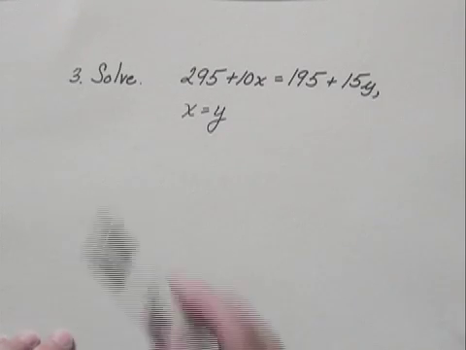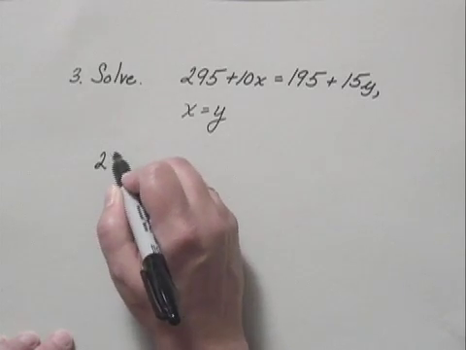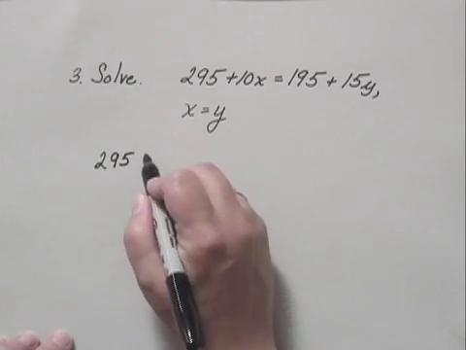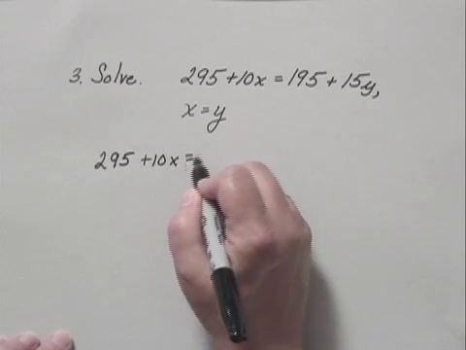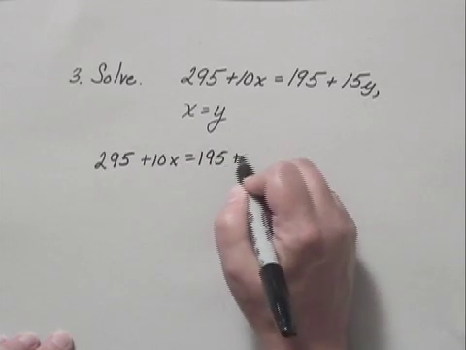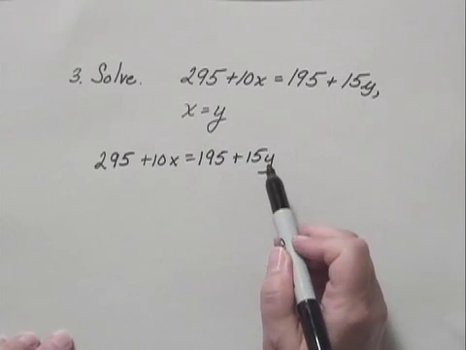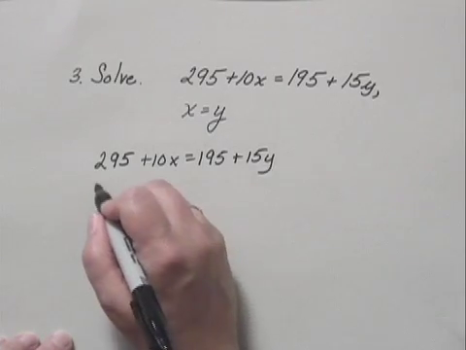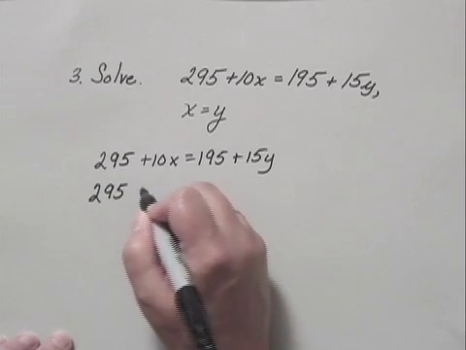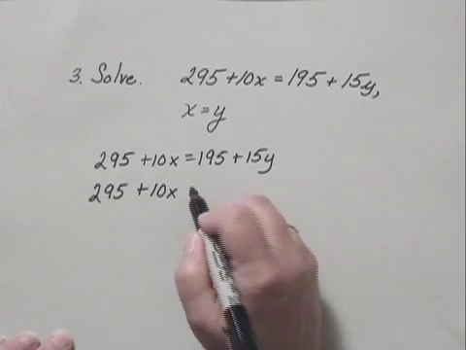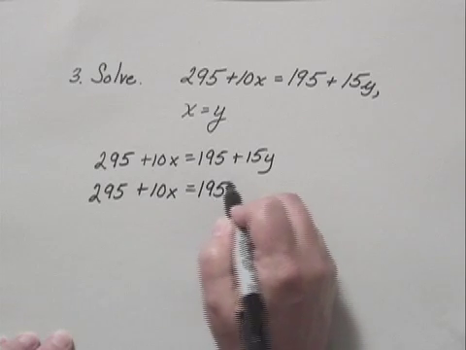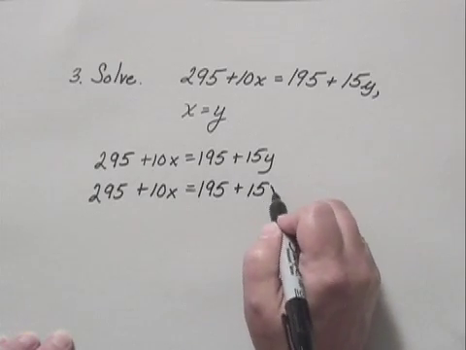So I'm going to copy the first equation, 295 plus 10x equals 195 plus 15y. And since I know that x equals y, I'll write x where I have a y. 295 plus 10x equals 195 plus 15x.